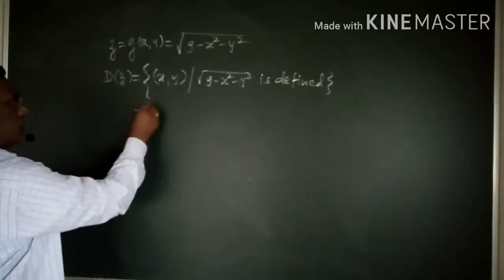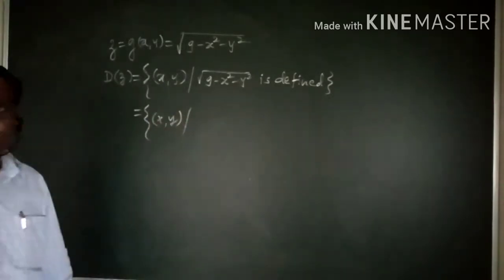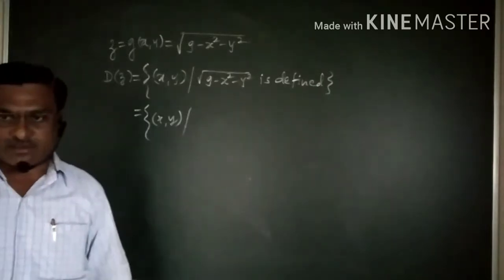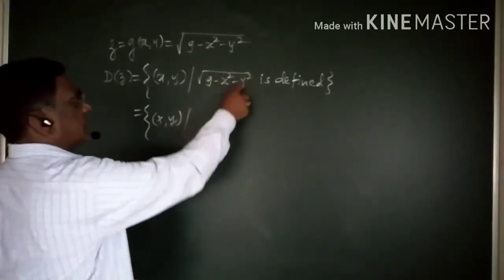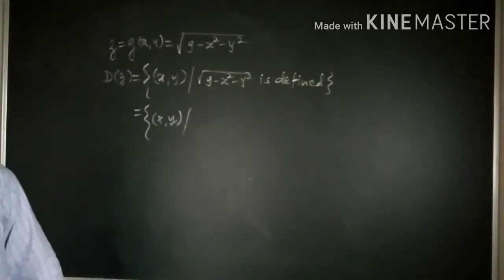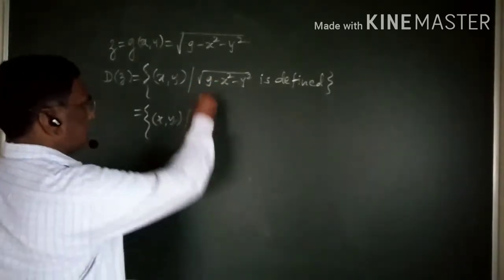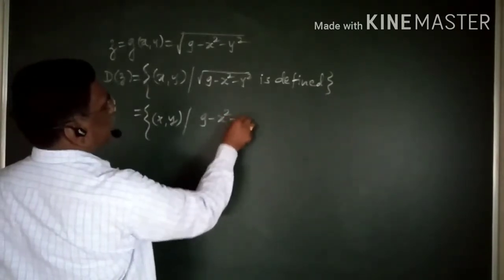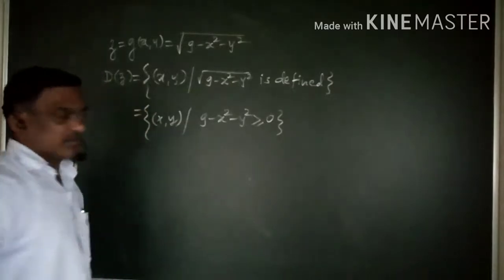Now the question is, when a root of something is defined. As we know, if this quantity is greater than or equal to 0, then the root of that function is defined. It means that 9 minus x square minus y square is greater than or equal to 0.